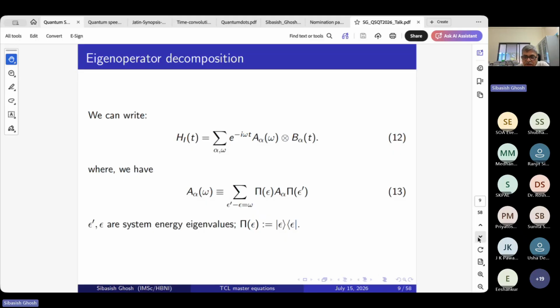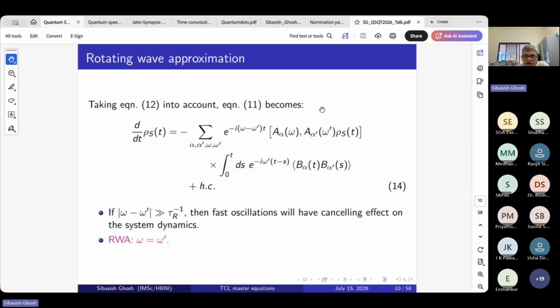With this, you can now write down the Bloch-Redfield equation again in this form. These are simple calculations. And now you see that on the right-hand side of equation 14, you have a summation over alpha prime, but also the frequencies or energies omega and omega prime.